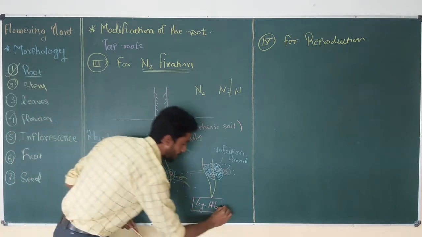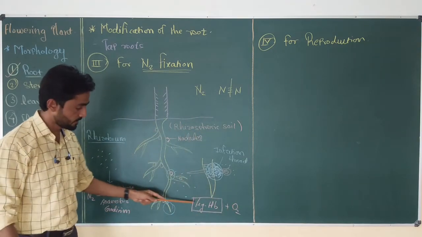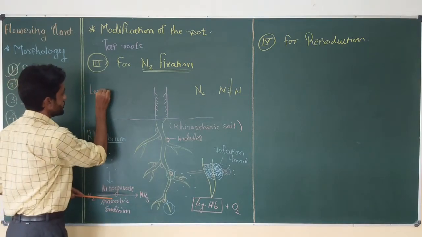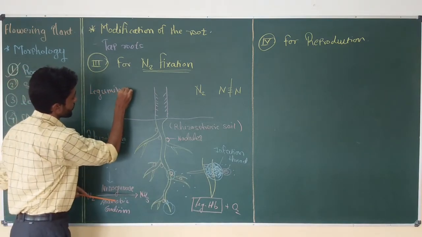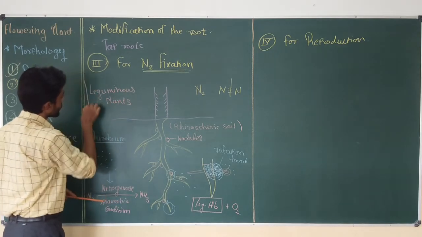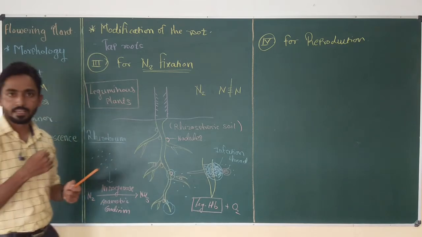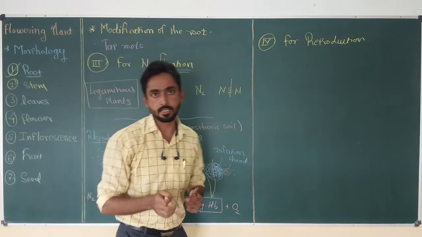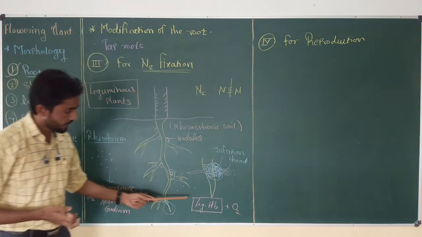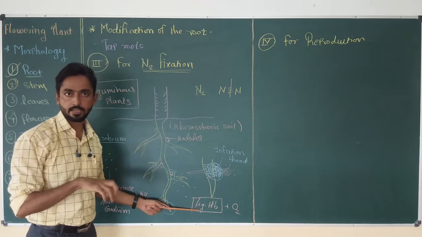So this pigment has affinity for oxygen molecules. Which plants have this leghemoglobin? Leguminous plants, like different types of pea plants, then gram or soybean plants, generally have leg Hb, or leghemoglobin, a pink pigment inside them.